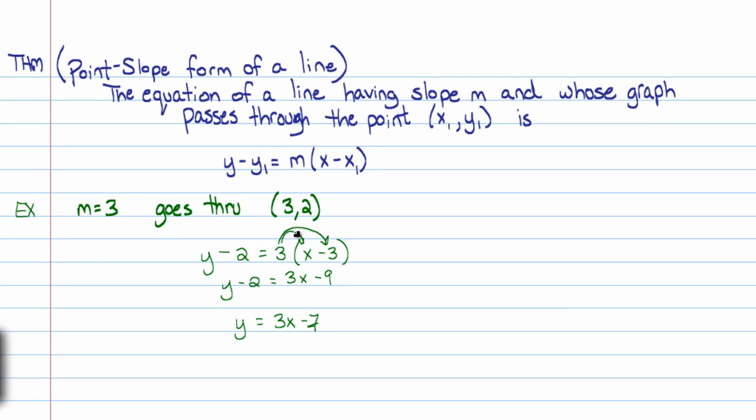As the name suggests, point-slope form of a line is great to use if you have a point and a slope. Very easy to use if you have those two pieces of information. However, it's not necessary to use. Let me at first just go ahead and prove that this is the equation of a line going through that point and having slope m.